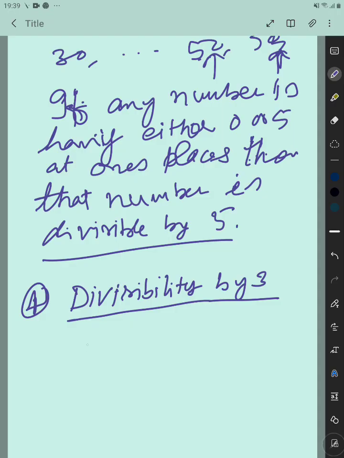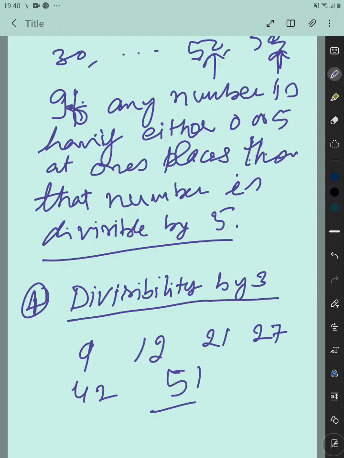So for example, 3 itself is there, we'll not write 3. So we can write 9, we'll take 12, 21, we'll take 27, and we can take 42, and let's take another one, 51, okay.